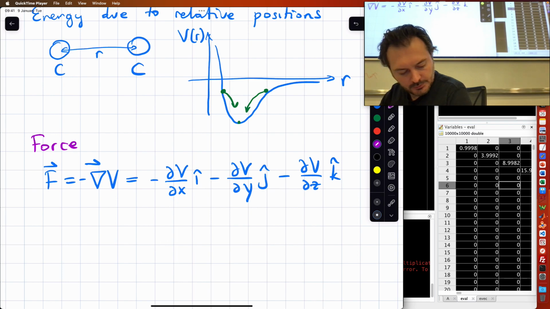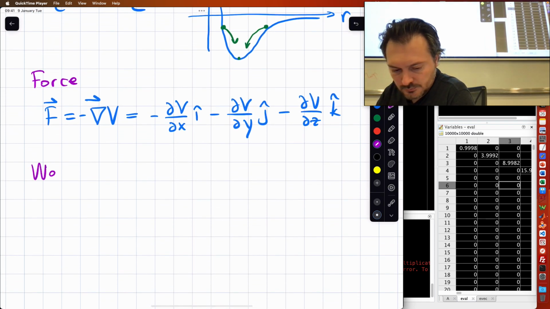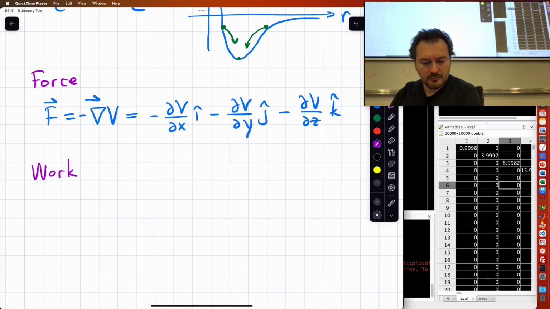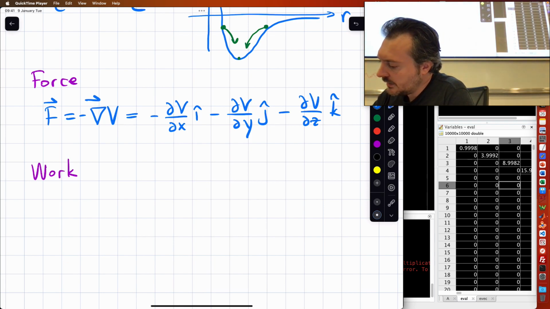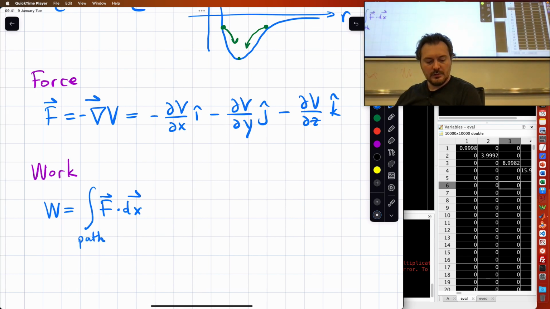Let's talk about work. What is work? Work is integral over a path F dx.